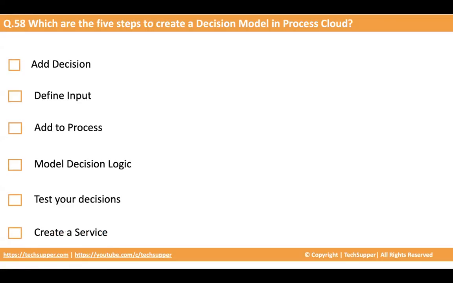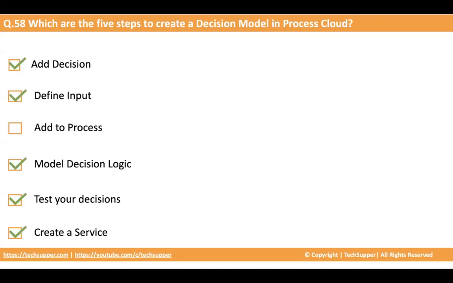So here you see 6 options on the screen, but which are the 5 steps that you have to follow? The correct answers are add decision, define input, model decision logic, test your decisions, and create a service. So these are the 5 steps that you have to follow step by step to create your decision model.